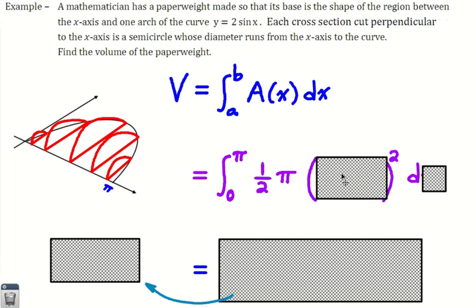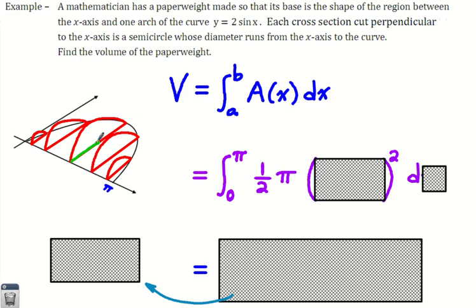So this is going to be r. We've got to do r squared. So what is going to be the radius of a typical circle here? Remember, it's not diameter, it's radius.